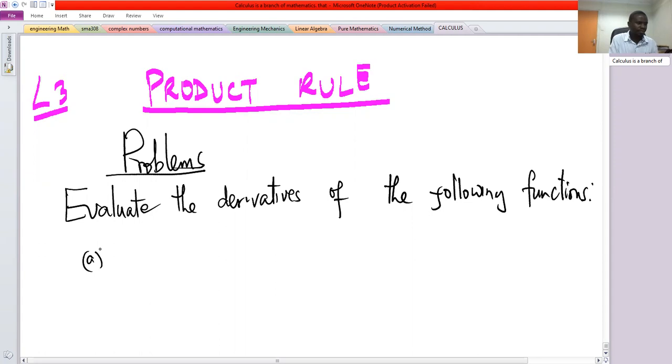So the first one, y equals 3x minus 5 times 2x squared minus 3.